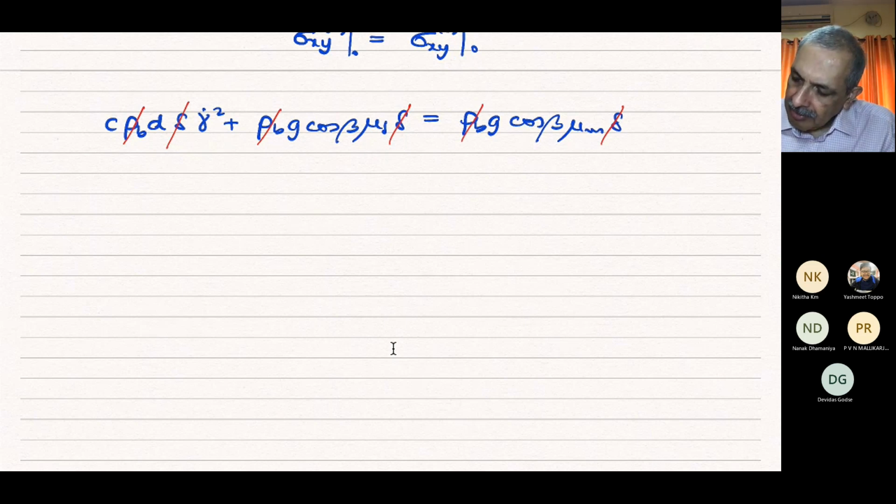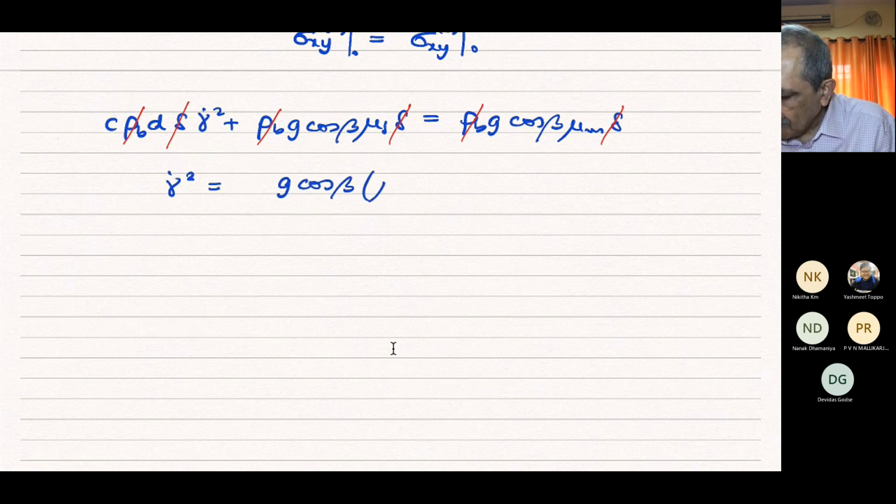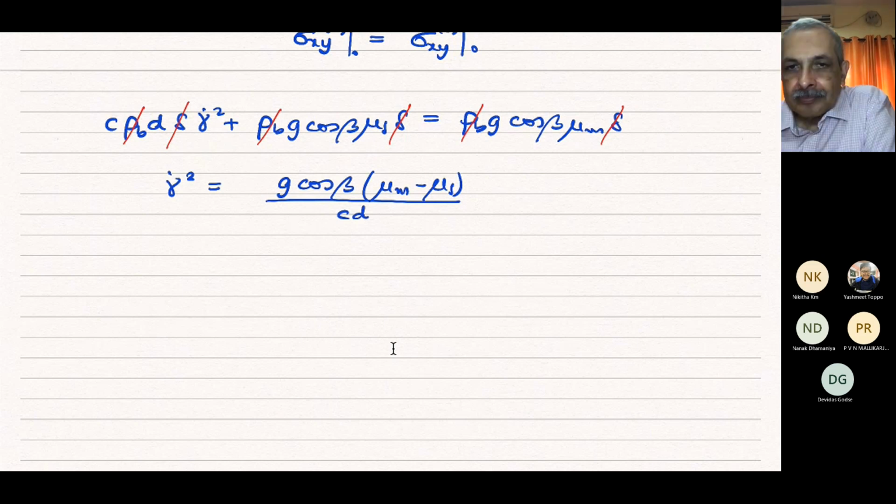But then what you get is that gamma dot squared is just equal to g cos beta into mu m minus mu s divided by CD. And then you can take the square root of this.